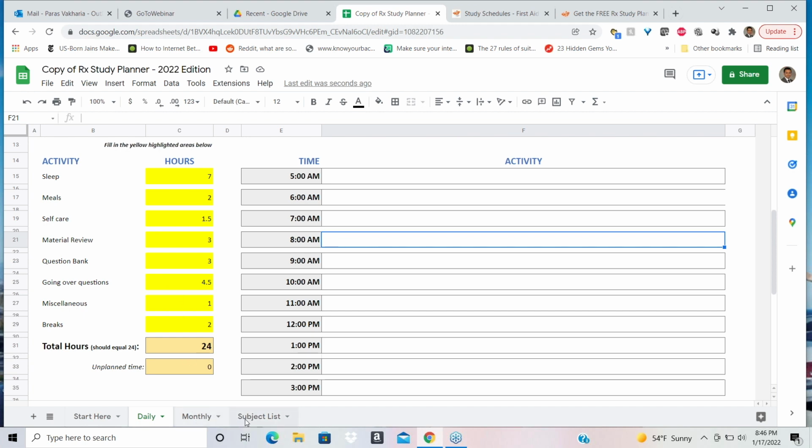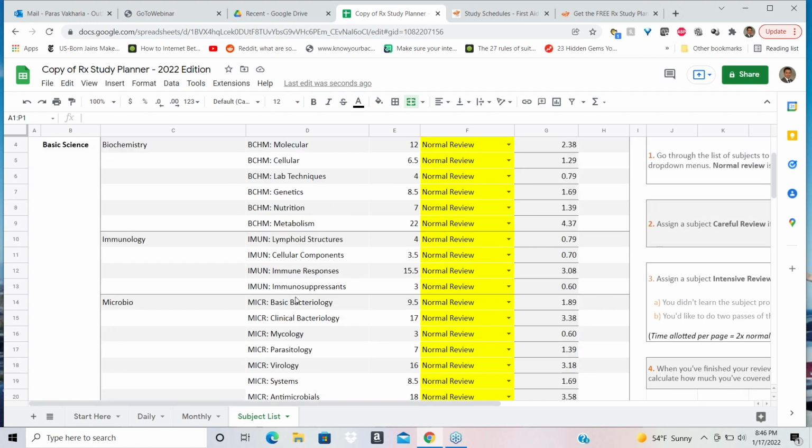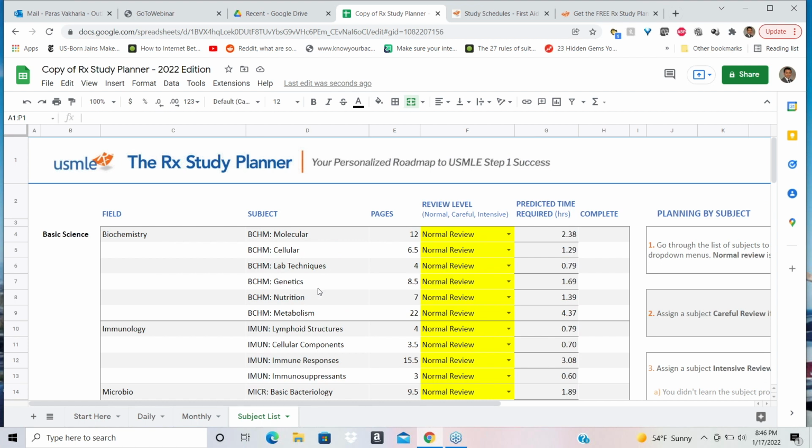Okay. And as you can see here, this is the subject list. So you can go through all the topics within the various chapters of First Aid. It'll tell you how many pages each of those topics has. It'll then tell you roughly how much time it'll take to review that.